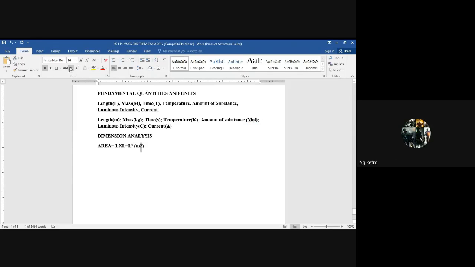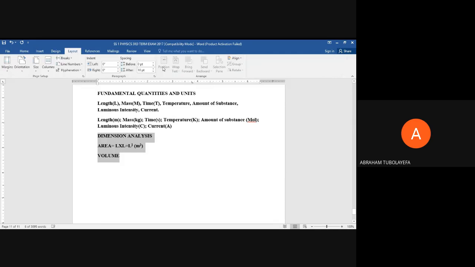If it's for volume, please permit me to do something to avoid taking extra space. Volume is usually length times breadth times height, right? Yes, sir.